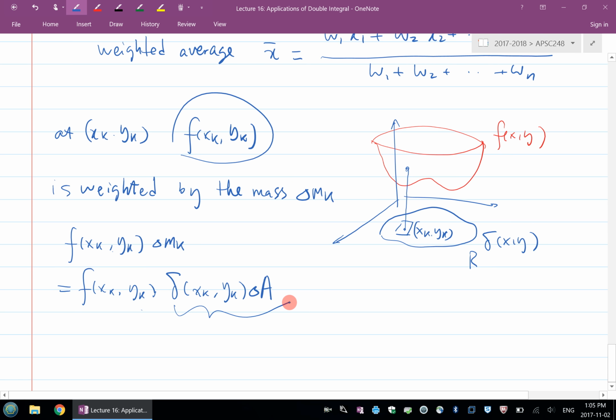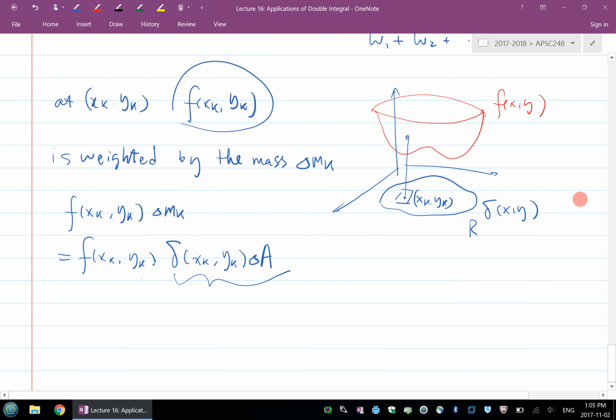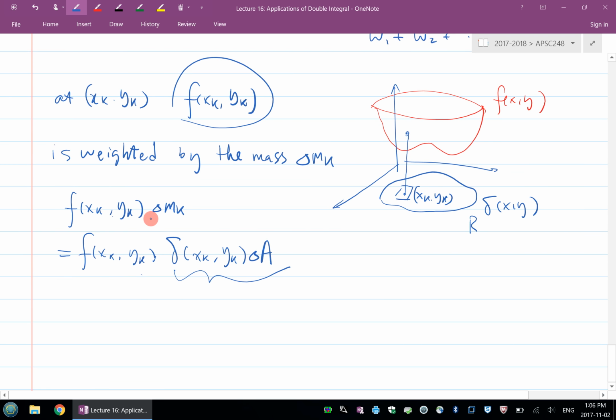Now if you want to calculate the weighted average, you add all of them up, and then you divide by the total.